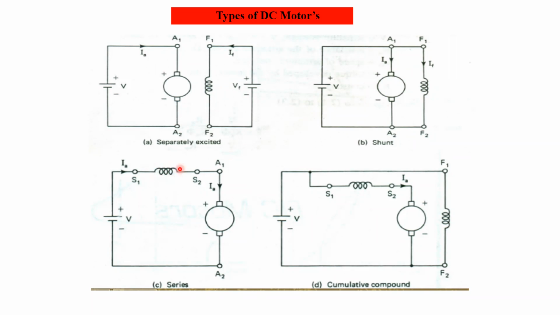If the field winding is connected in series with the armature winding, it is called a series motor. Otherwise, the connection is like this, and it is considered a compound motor, depending on the connection: short shunt compound or long shunt compound. But here we are going to discuss only shunt and series motors.